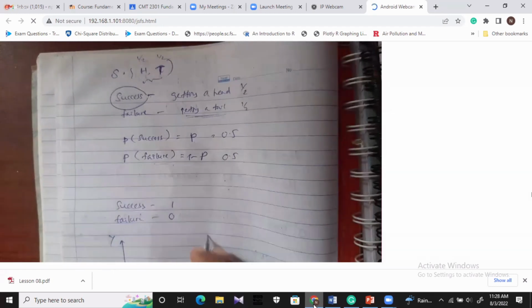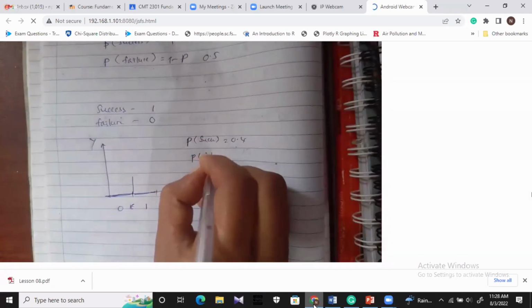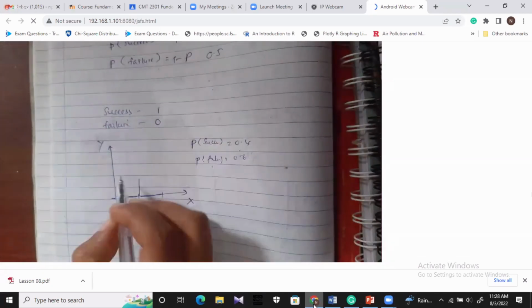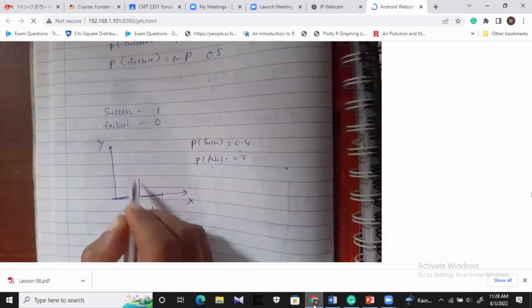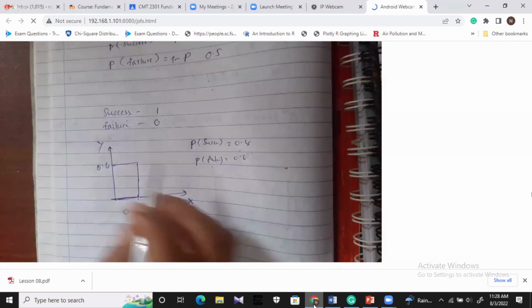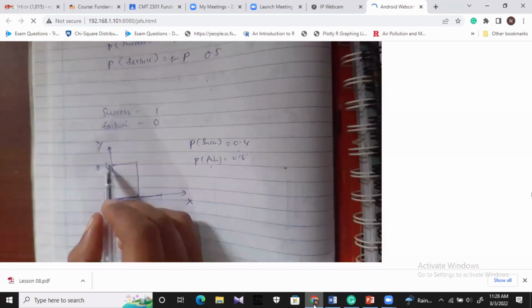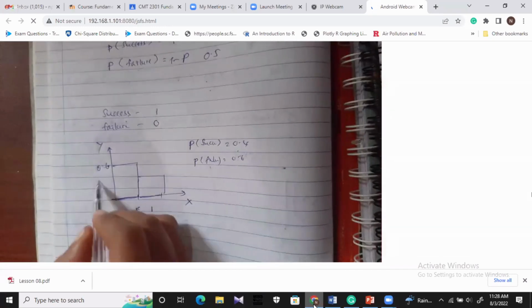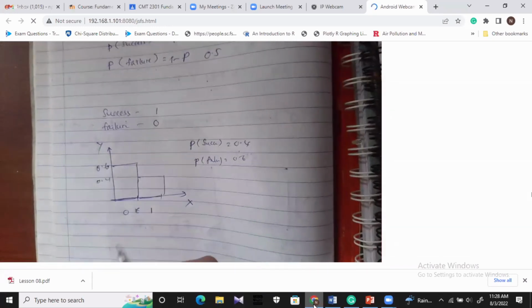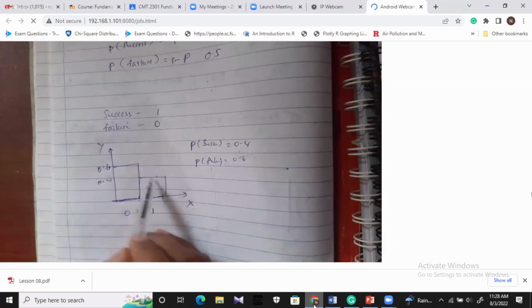And if the probability of success is 0.4, then definitely the probability of failure is 0.6. So you can draw this as 0.6. This is 0.4. What you need to understand here is that these probabilities can vary.